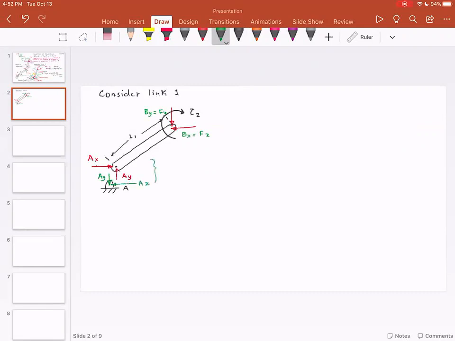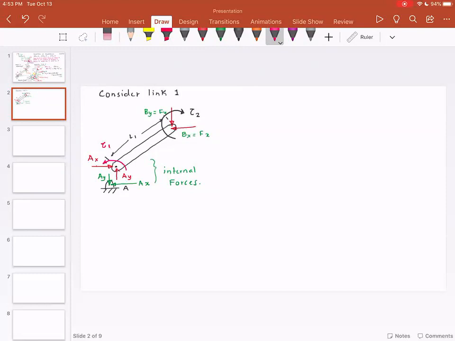Again, these are internal forces. And let's not forget that there is external torque that is applied by the motor. So this is tau 1.